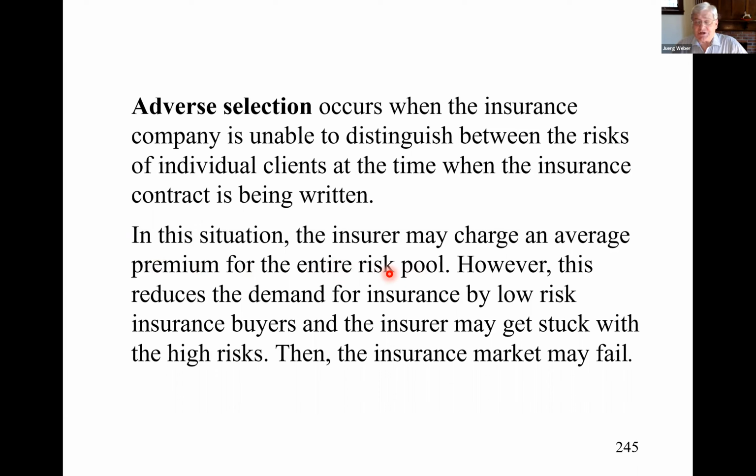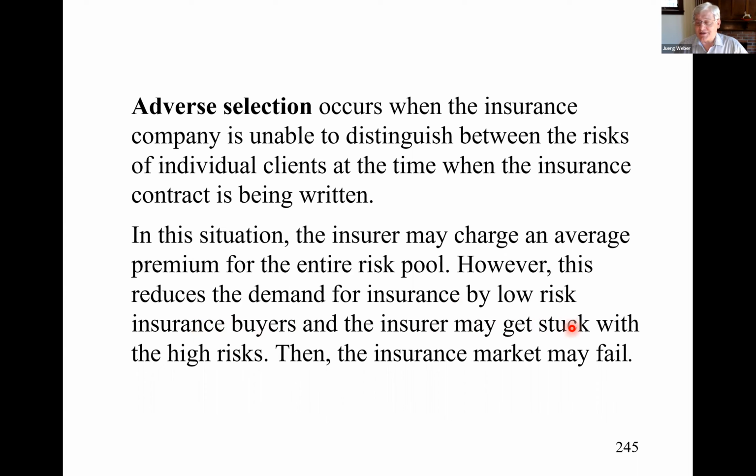But that means that low risk people are overcharged. Their average premium is too high. And so they will refuse to buy insurance. And then the insurance company may just get stuck with the high risk people. The high risk people are naturally happy to pay only the average price.